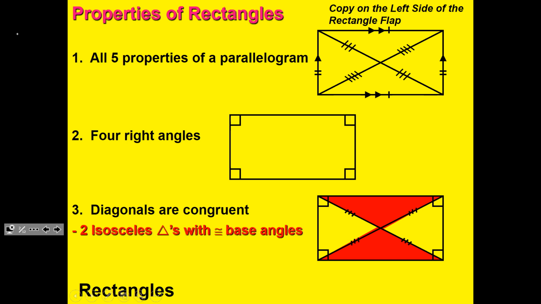So the legs formed by the diagonals, since diagonals are congruent, will actually be the triangle at the top half and the triangle at the bottom half. And there's 1 and 2, the 2 congruent base angles. And it'll be the same in the bottom.